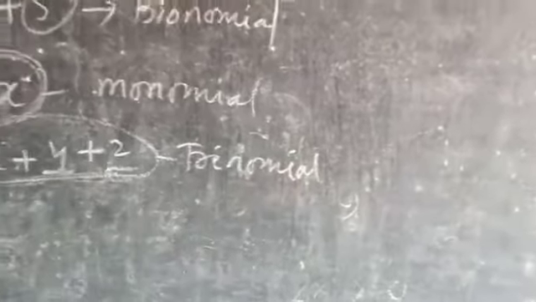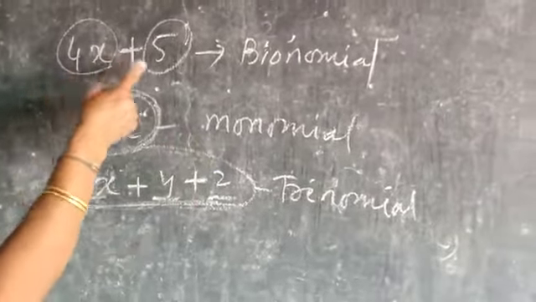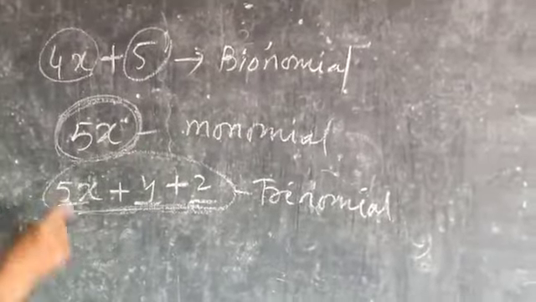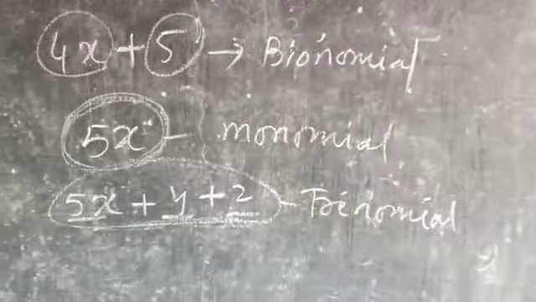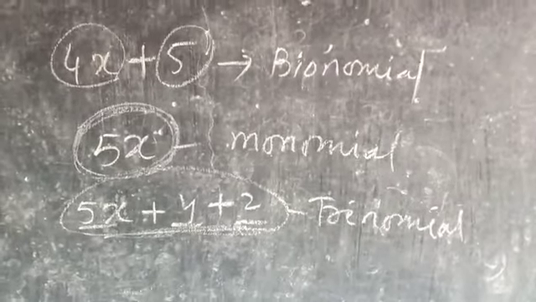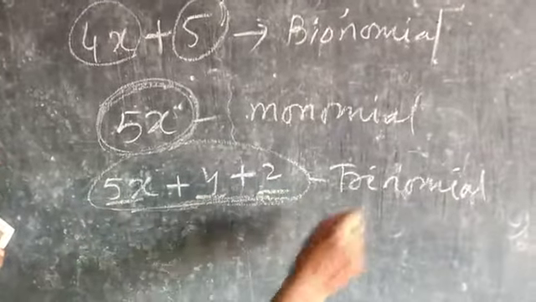Do you understand now? One term is monomial, 2 terms is binomial, and 3 terms is trinomial.